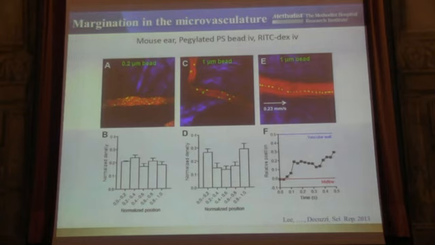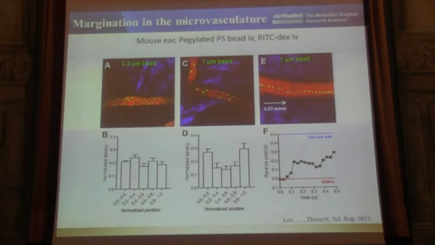But in our case, we don't care about that because we just need to look at the distribution of these particles. And what is so clear in these images is that the 200 nanometer particles are quite uniformly distributed across the vessels, next to the vessel walls and in the middle.